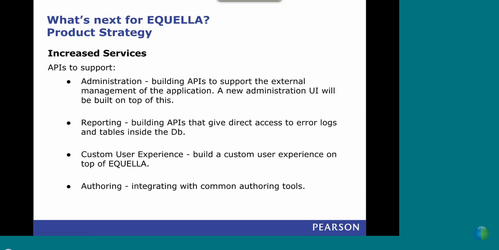Then one other area that we're really looking to enhance are our APIs. We talked before about the fact that we really know that the admin console needs a big rework, and we want to get away from the reliance on Java on that. So with this next release, 6.3, we are starting to tackle that.